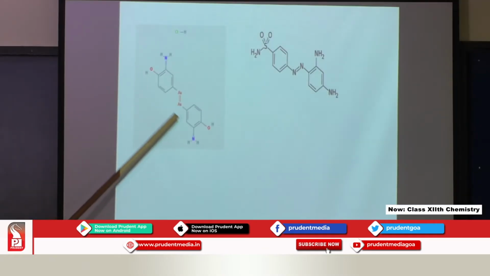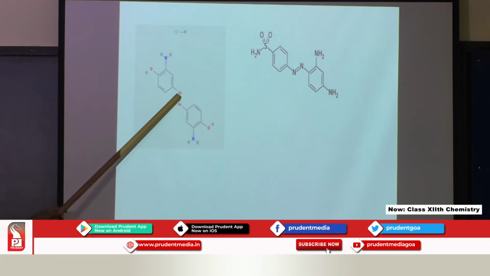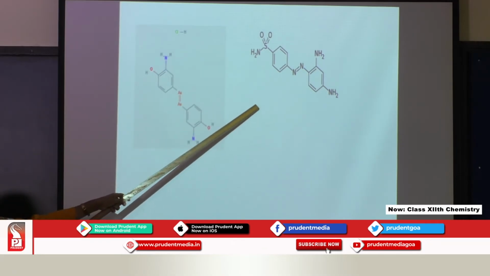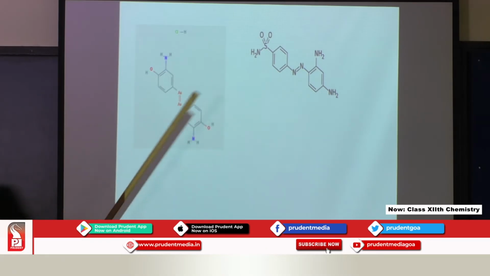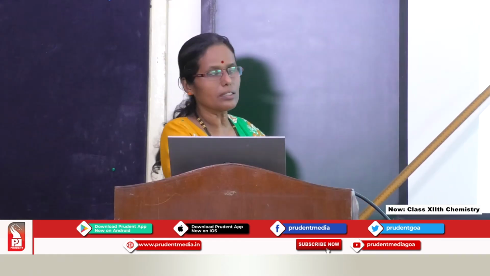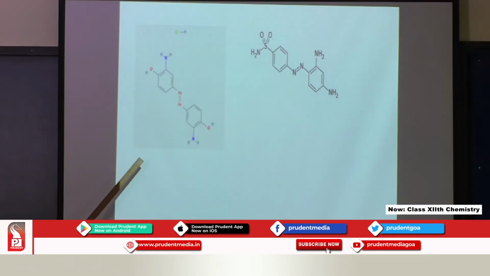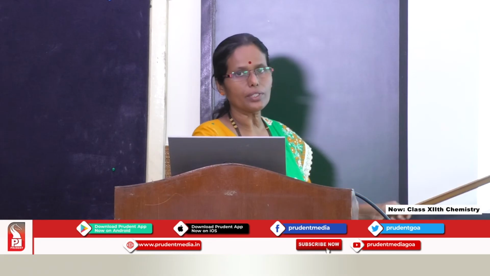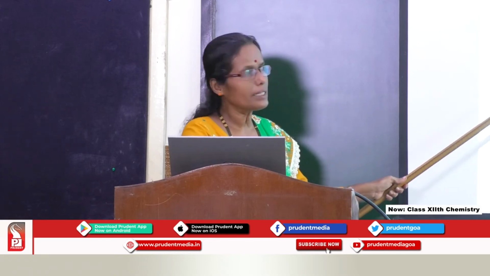Here this is arsenophenamine, As double bond As, and that's another azo dye which has N double bond N. So, the structure he found to be very similar. So, he started doing research on more of these compounds so that they will interact with the bacteria and kill its action.